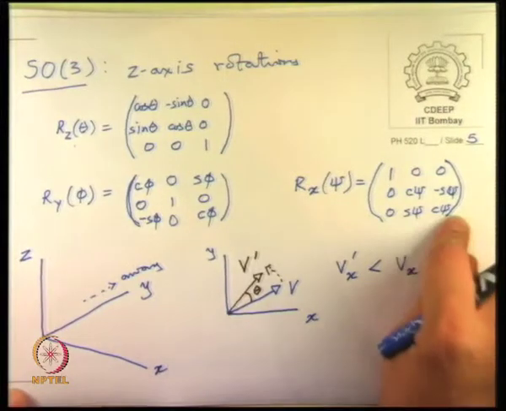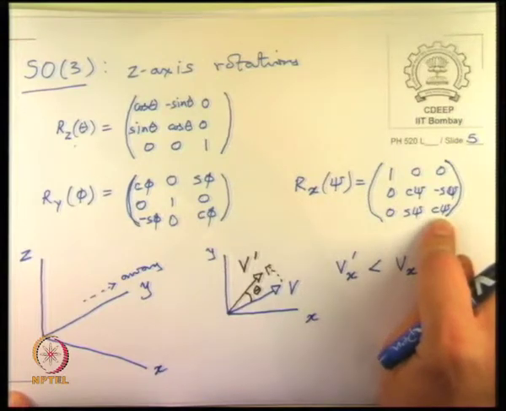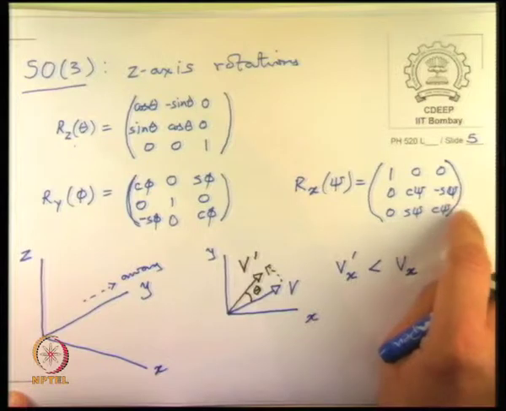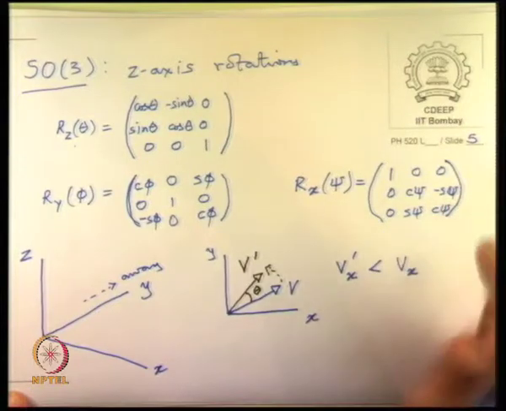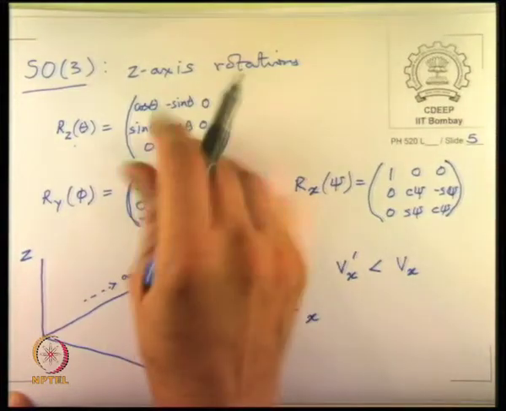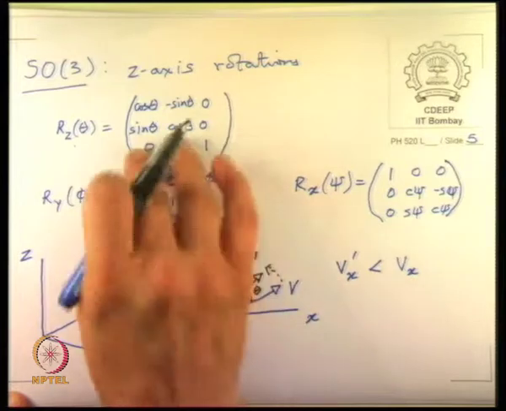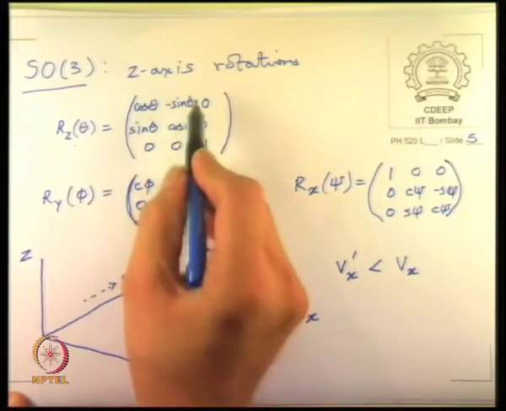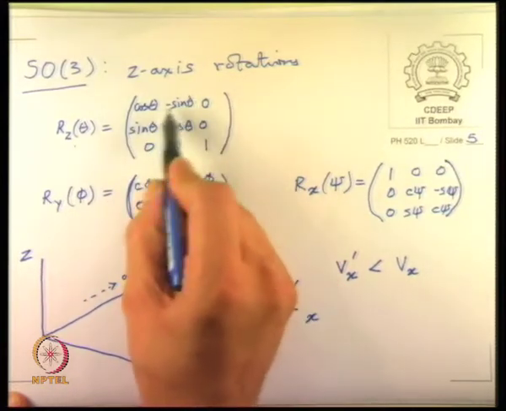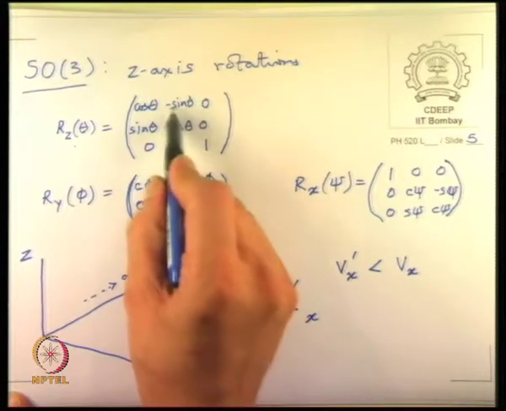Now I look at this matrix, the Rz matrix, and ask, is the x component going to reduce or increase? So I look at this matrix and ask whether the x component is going to reduce or increase. It reduces provided I put a minus sign here.